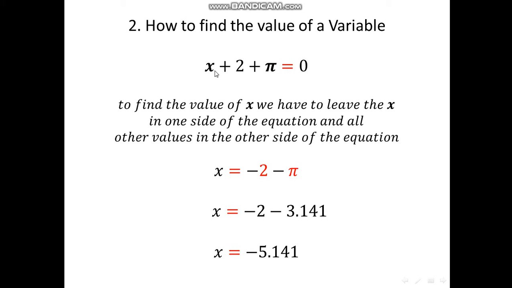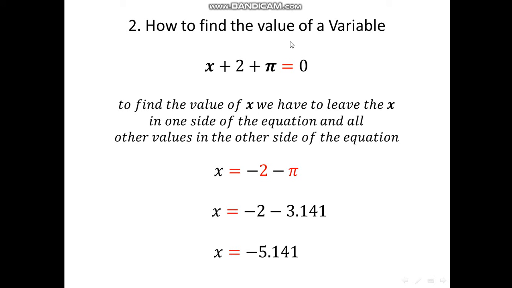So we solve this equation for x. What does that mean? I put all this on this side and I leave x on this side so that I can determine what x is. It looks something like that: x and everything on this side. Now why is 2 minus and why is pi minus? Because if you bring a number to the other side of the equation, when it jumps over the equal sign, it will change its sign.